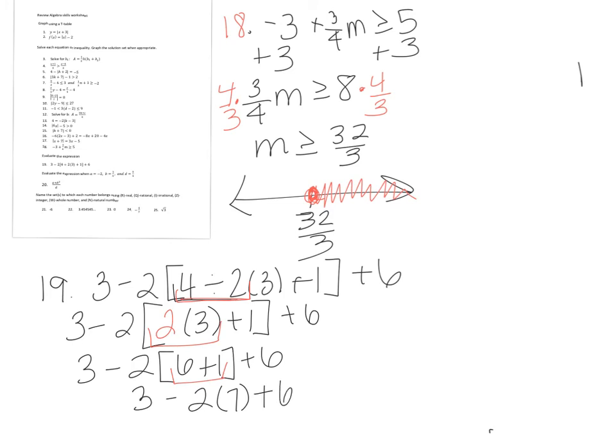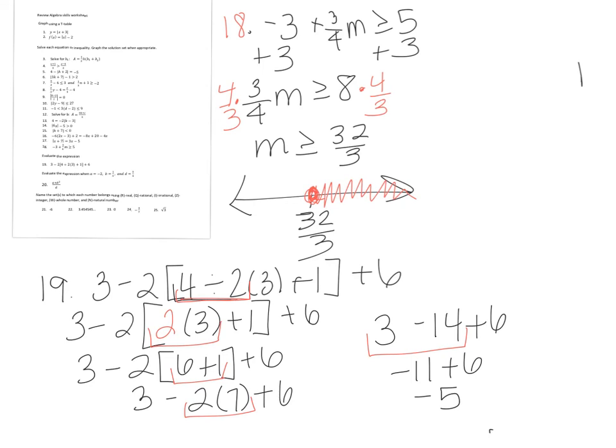At this point, I just change it to parentheses. Now my multiplication is going to come first, so I end up with 3 minus 14 plus 6. And addition and subtraction happen left to right as well, so we're going to do 3 minus 14, which is negative 11, plus 6, and lastly, negative 5.